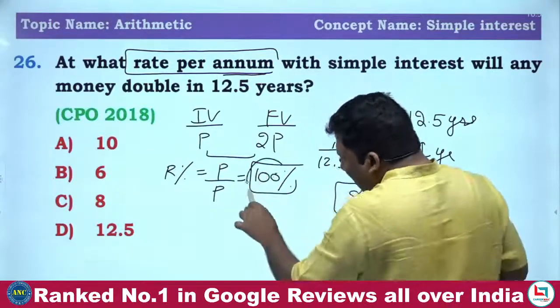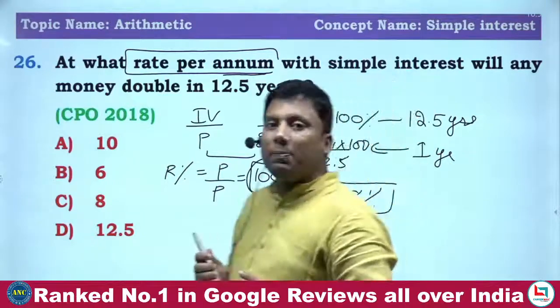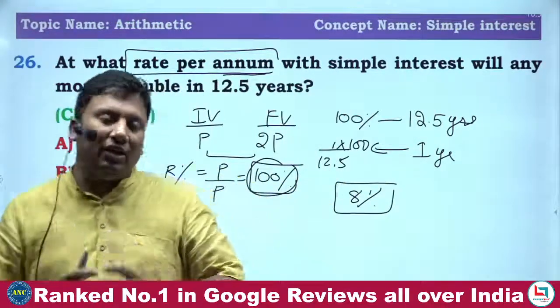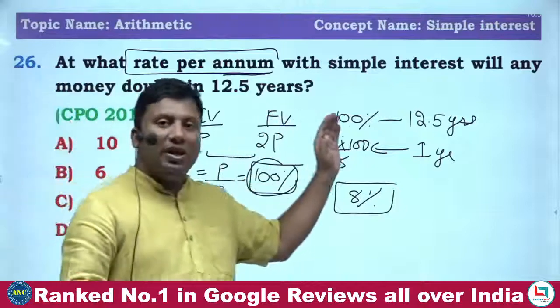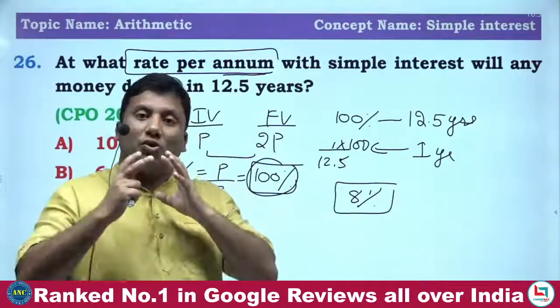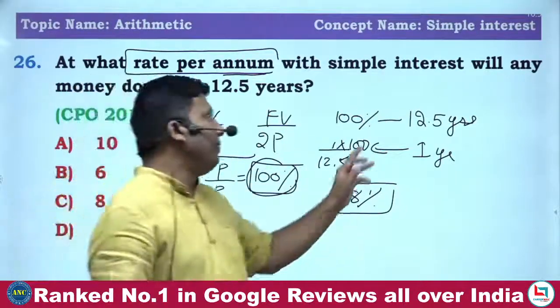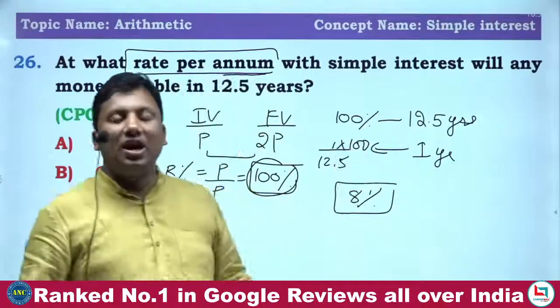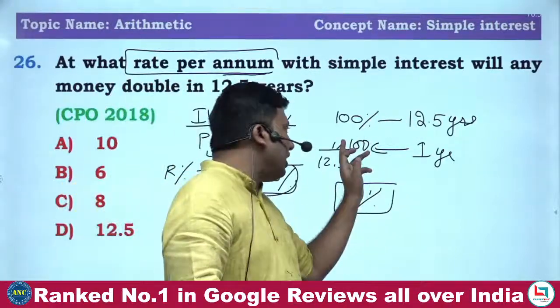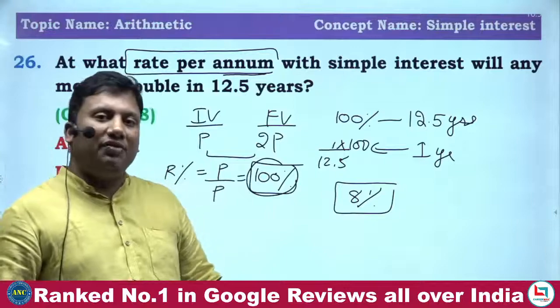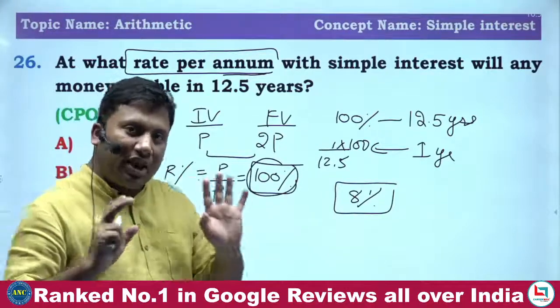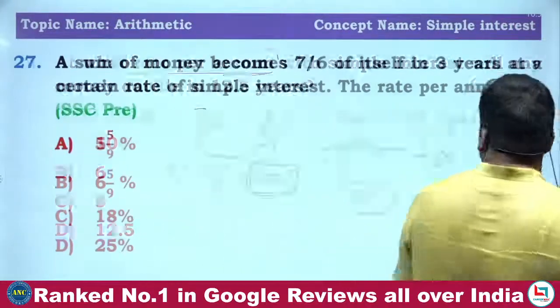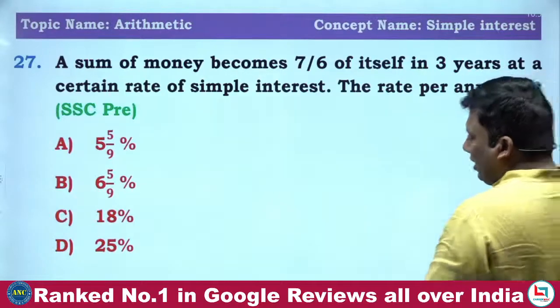This is the effective rate of interest, 100%. But the question is, in 1 year, how much will it be? In 12.5 years it is 100%, so in 1 year it will be 100 by 12.5, which is 8%. I hope the concept is clear. One by one, we will solve all the varieties of questions.